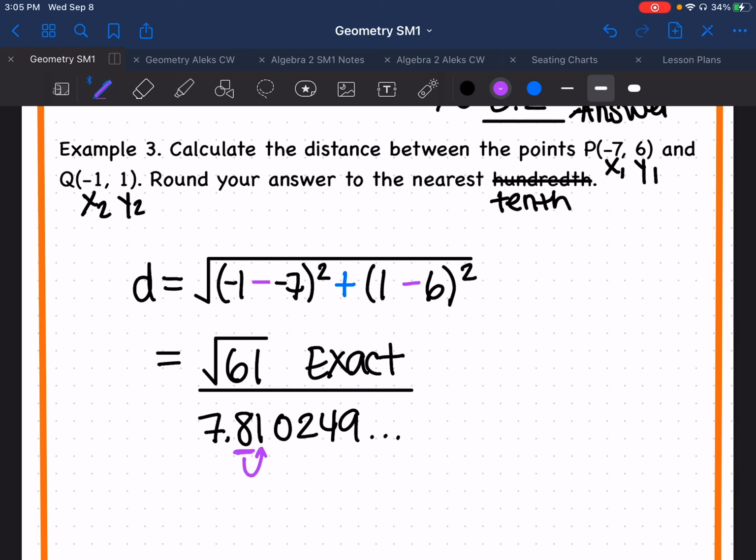The one right after that is going to tell you if you should let it rest or add one more. The rest of the stuff we didn't need to copy. So I have a decision to make, 7.8 or 7.9. Those are my choices. One is 4 or less, so I'm going to go ahead and let it rest, and this would be my approximate answer.